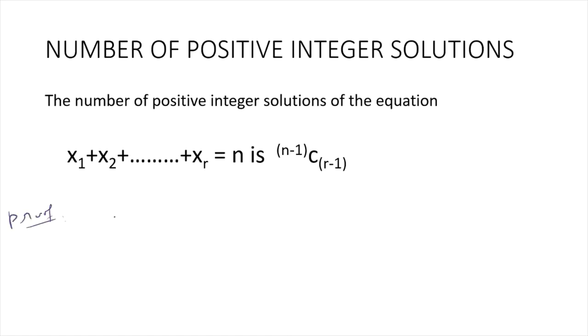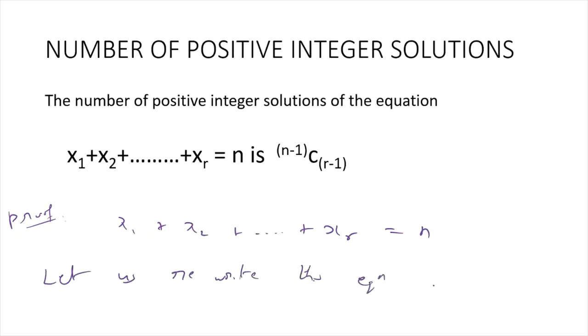So let us write down the equation x1 plus x2 plus so on up to xr is equal to n. Let us rewrite this equation as x1 minus 1 plus x2 minus 1 plus so on up to xr minus 1 is equal to n minus r.